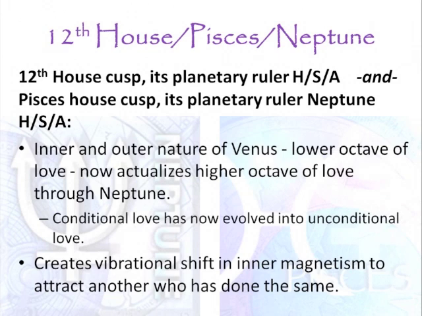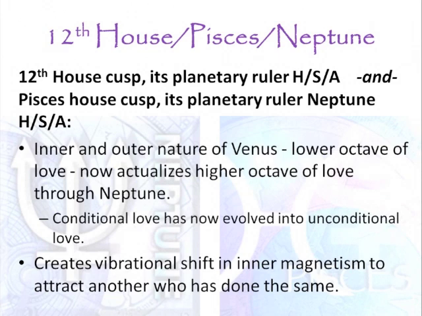So then what we're now recognizing is that inner and outer Venus, that lower octave of love, can now actualize the higher octave of love, Neptune. Conditional love evolves into unconditional love.